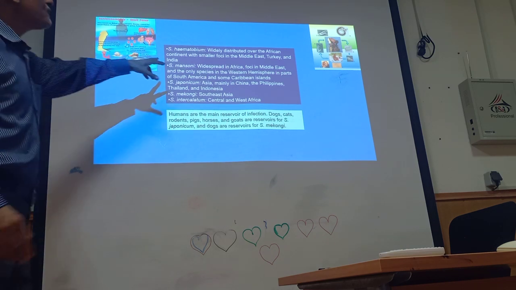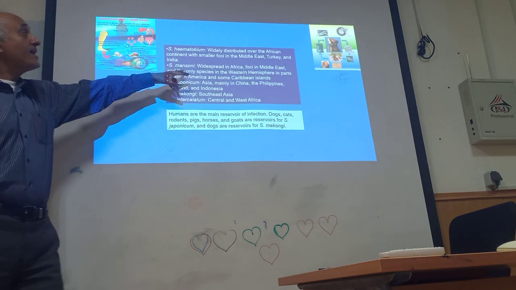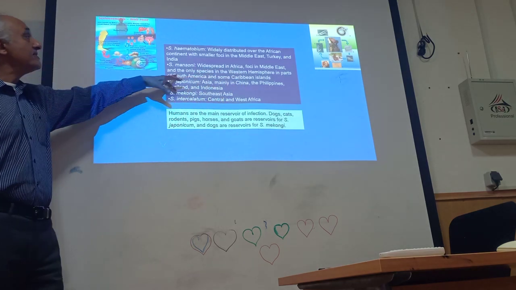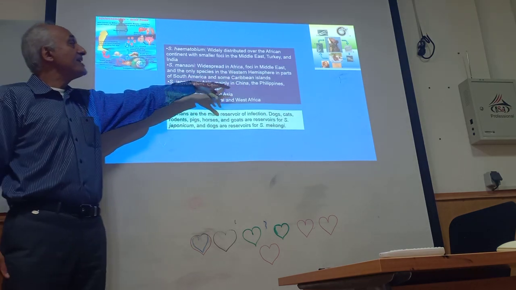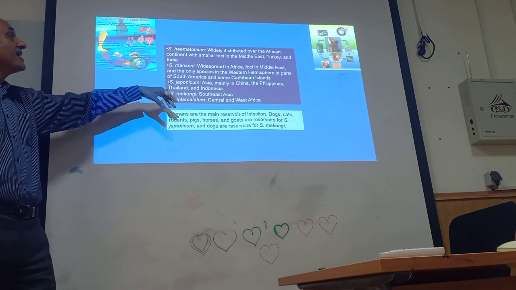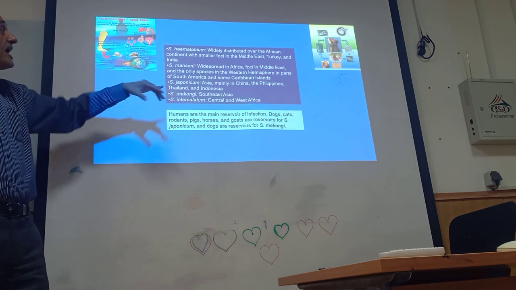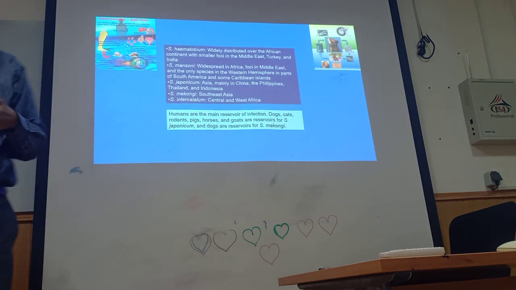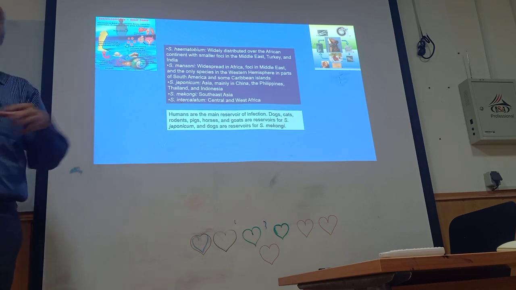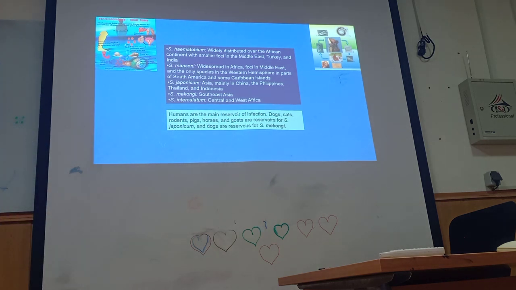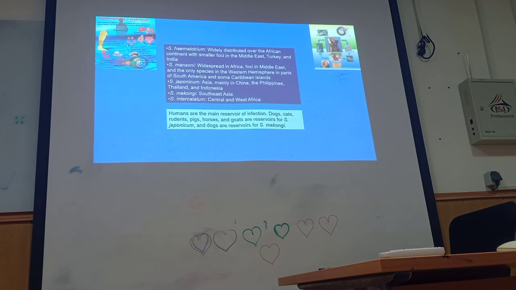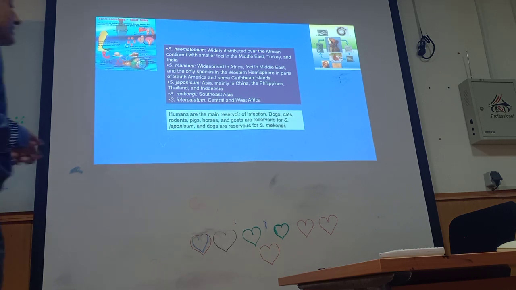But Schistosoma mansoni is widespread in Africa, with foci in the Middle East. Japonicum is in Asia, mainly China, the Philippines, Thailand, and Indonesia, and also Mekongi in South Asia, and also intercalatum. As I told you, all of them except hematobium are intestinal flukes, so they are targeting the intestinal vein, intestinal and digestive tract, and this is all.